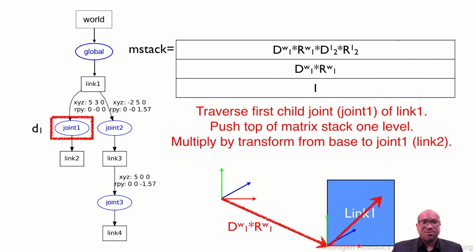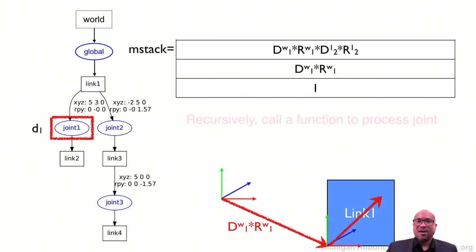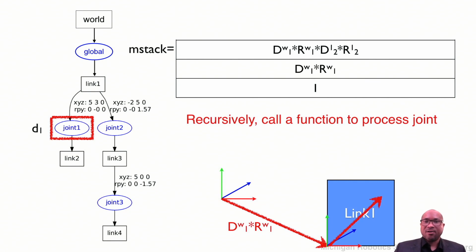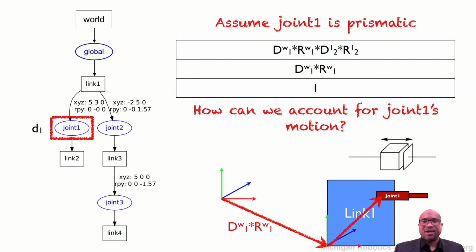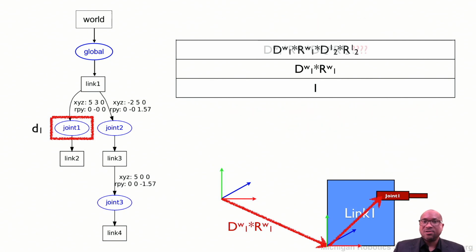But now let's assume that we have a prismatic joint, so this is a translational joint. We want to include that in our matrix stack representation. So how do we account for the motion of joint 1, which is given to us by degree of freedom D1 right here?